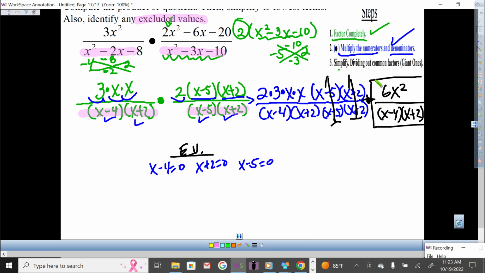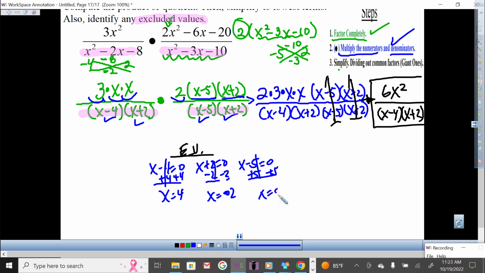Make a note for yourself so you won't forget. Asterisk. Then we solve. X minus 4 equals 0, x equals 4. X plus 2 equals 0, x equals negative 2. And x minus 5 equals 0, x equals 5. These are my excluded values.